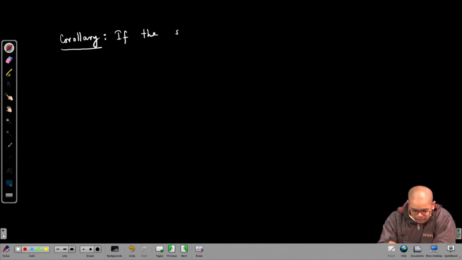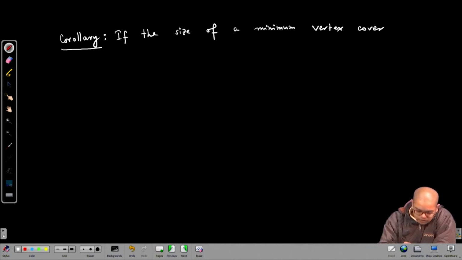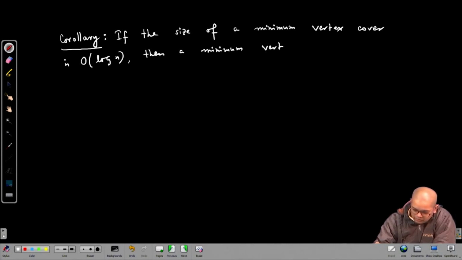If the size of a minimum vertex cover is big O of log n, then minimum vertex cover can be computed in polynomial time.